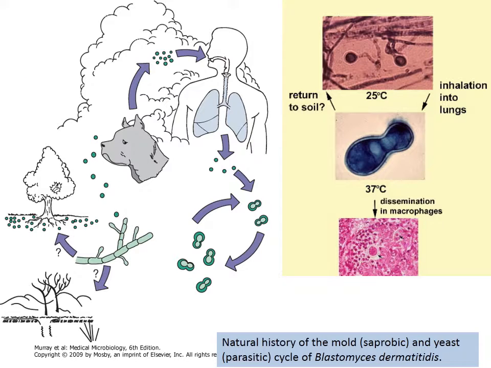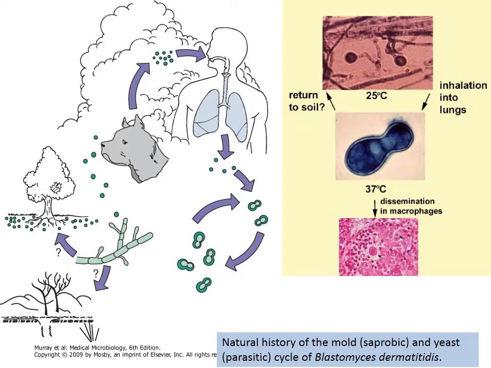Again, this is the natural history of a mold, saprobic versus yeast, which is parasitic in terms of blastomycosis. In this picture, in an ecosystem, we have trees, animals, human beings. All three can come in contact for fungal infections.